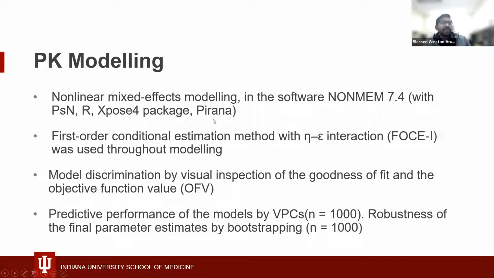We tried SAEM too, but it wasn't required, and FOCEI was faster, so we just stuck to FOCEI with interaction. And model discrimination was mainly based on the goodness of fit and improvement in OFV. So a reduction in OFV of 3.84 was considered significant between any 2 nested models.